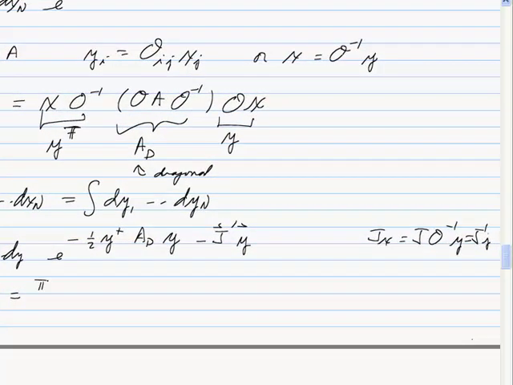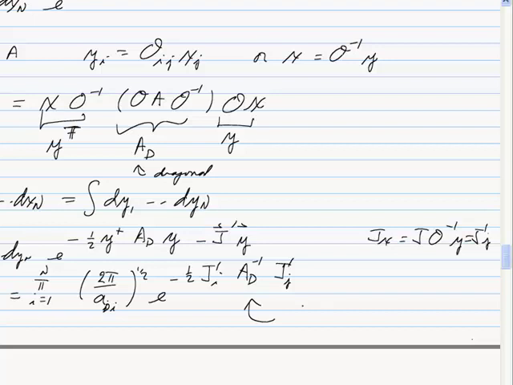So this is then the product for i equal to 1 up to n of 2 pi over A diagonal i, whatever the diagonal element is, to the 1/2, and I get e to the minus 1/2 j prime i A diagonal^{-1} j prime, where this matrix is just the matrix 1 over A1, 1 over A2, dot, dot, dot, 1 over AN down at the bottom, zeros on the off diagonal. I'll just take 1 over A's for all of them.